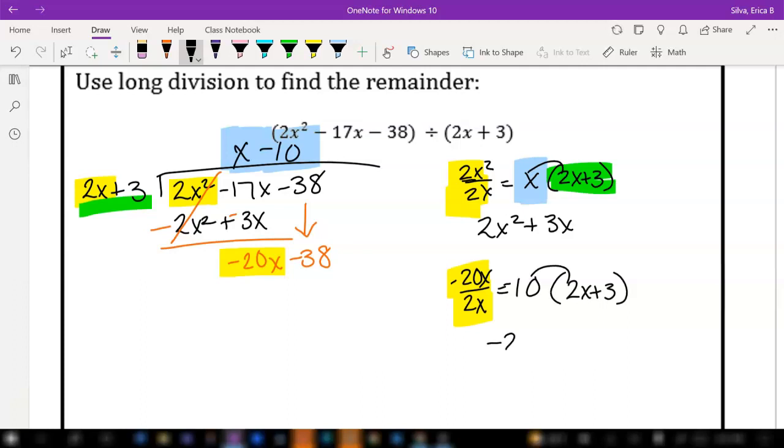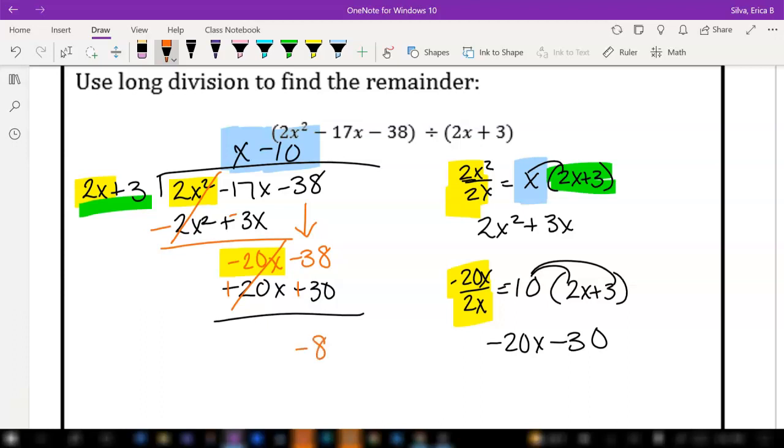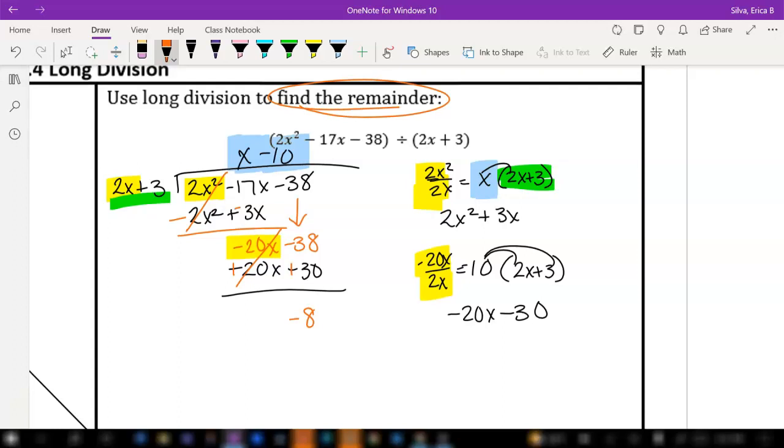And then we distribute: negative 20x minus 30. And we're going to switch the sign. These cancel. We get negative 8. And then it's also asking us to just find the remainder. So our remainder would be negative 8.